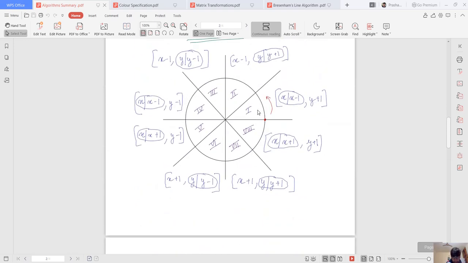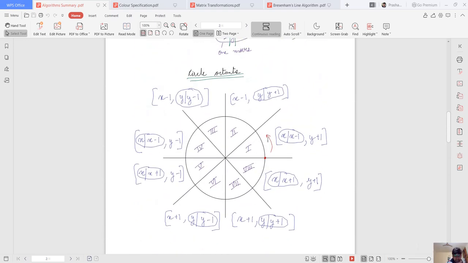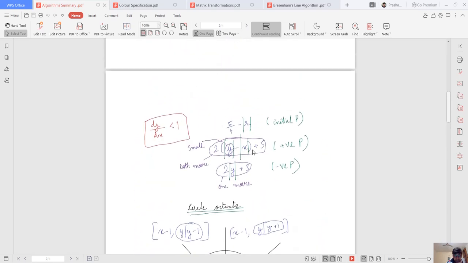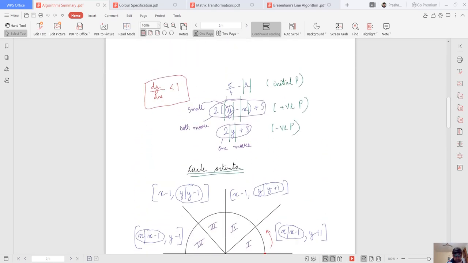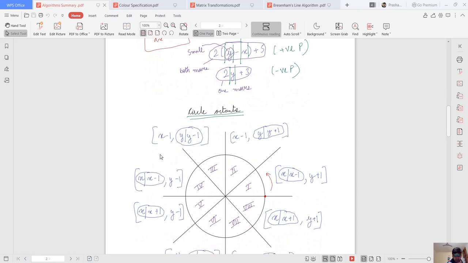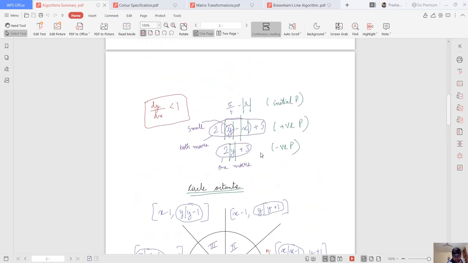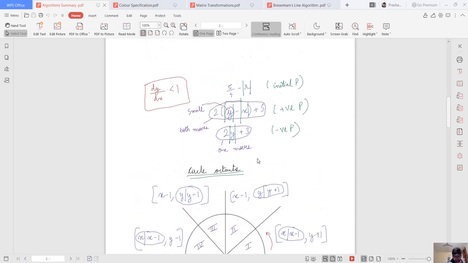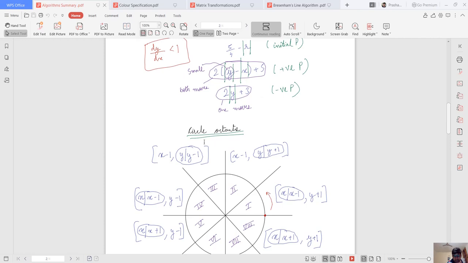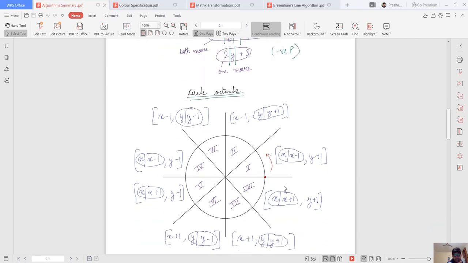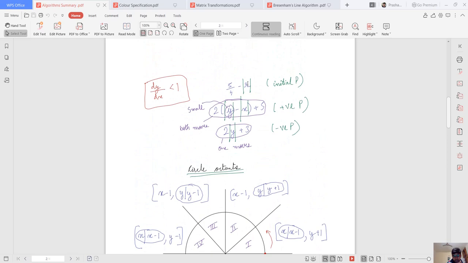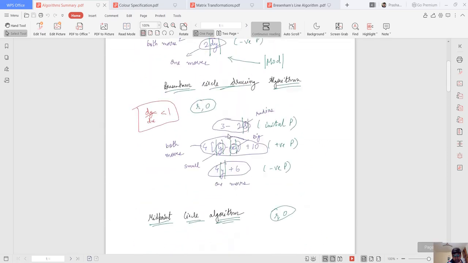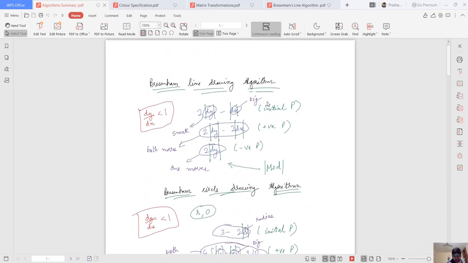This algorithm doesn't work in all the octants as is. To make this algorithm work in all the octants, what I have done is taken the mod of all these terms.